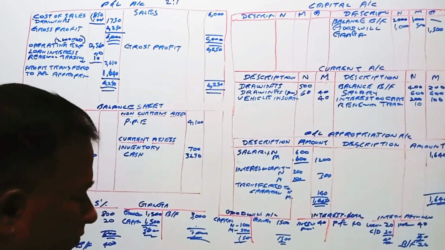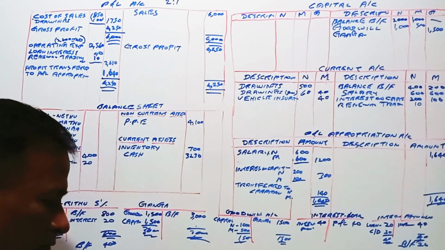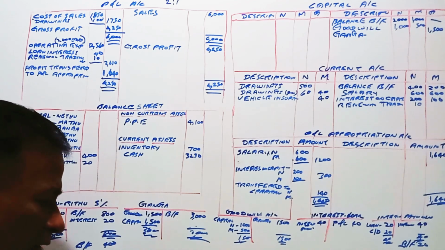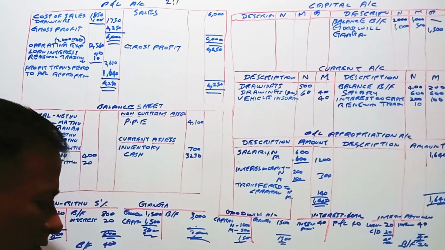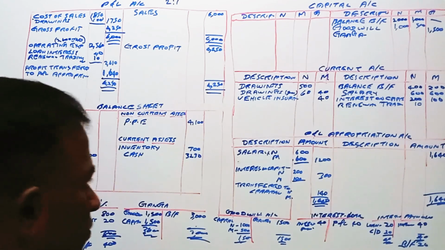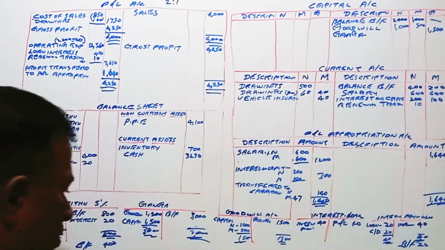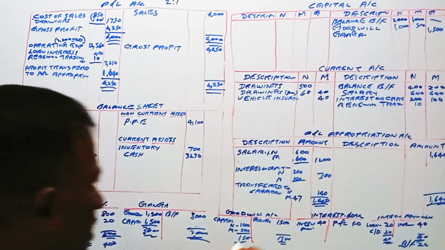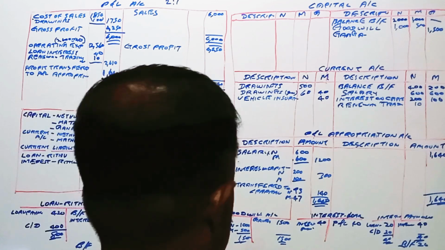So 140 divided by 3, then 47 is the M, right? 47, into 2, in the sense 93 is the N, right?